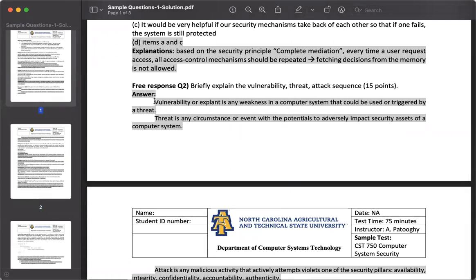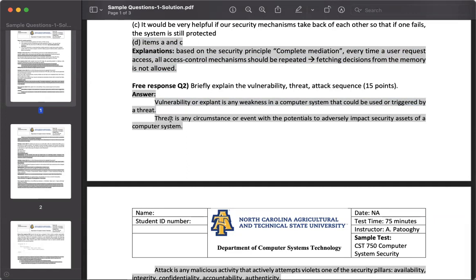Here you see that we explained each and tried to show that we first need to have a vulnerability in our system, and then we define a threat based on that vulnerability, so that we turn that vulnerability or exploit into a potentially impactful scenario.